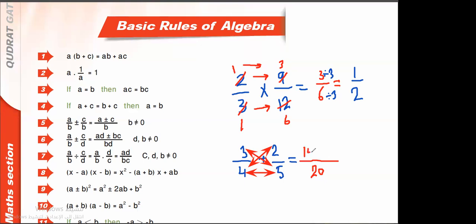Is 15, right? And 4 times 2, it is 8, right? So now when I add, I have the same denominator. So I can add now 15 plus 8, it is 23, right? Divided by 20, right?